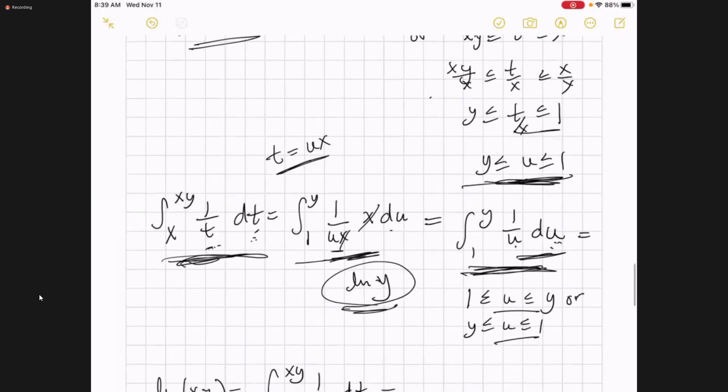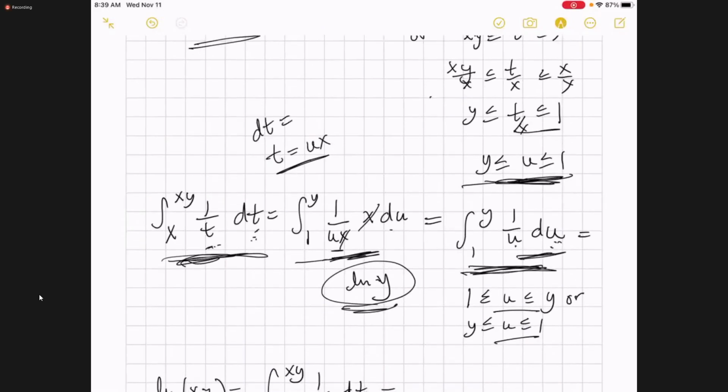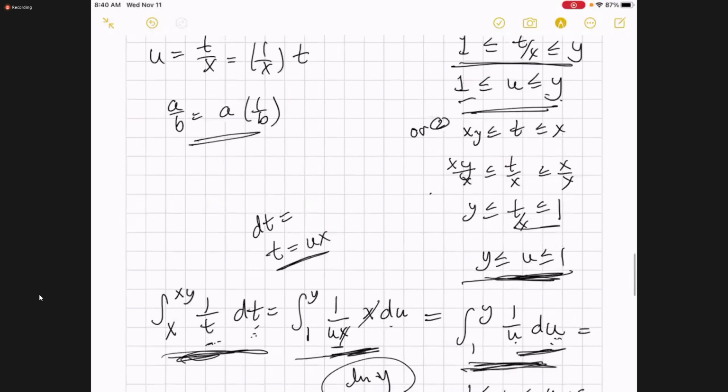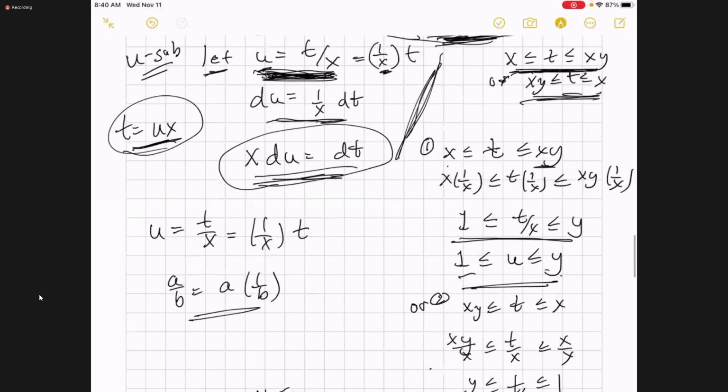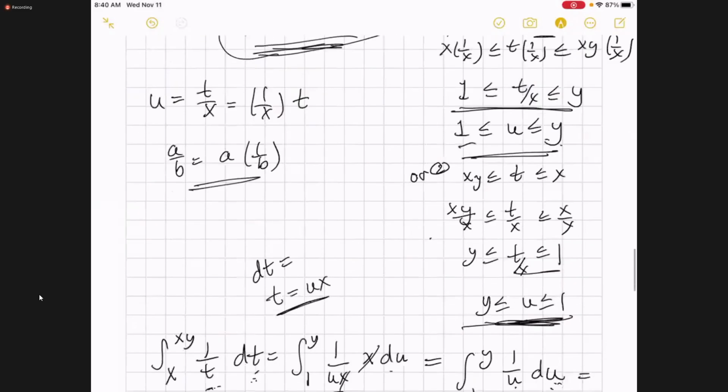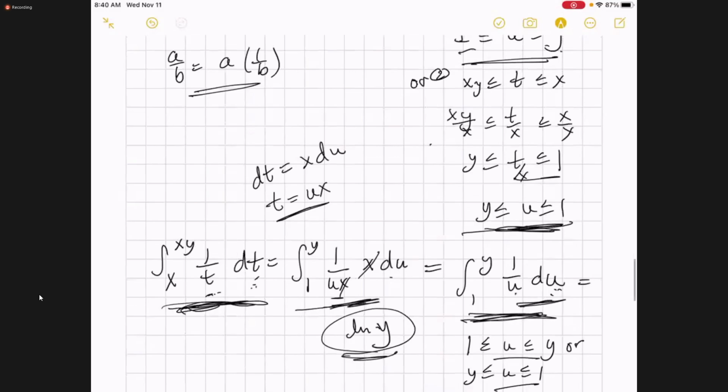Also, according to the definition that I made up, dt is x du. So I'm doing my u substitution carefully. t gets replaced by ux. dt gets replaced by x du. My new endpoints, which we already showed above, are 1 and y for this new variable. u now represents any number between 1 and y.